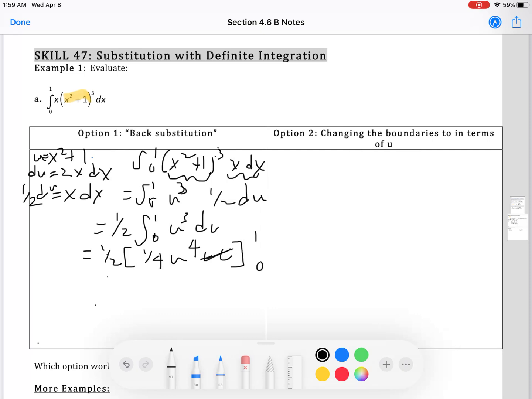So we don't need to worry about that too much. So when I'm evaluating this, I get the 1/2 times 1/4, so that's a 1/8 times u to the 4th.